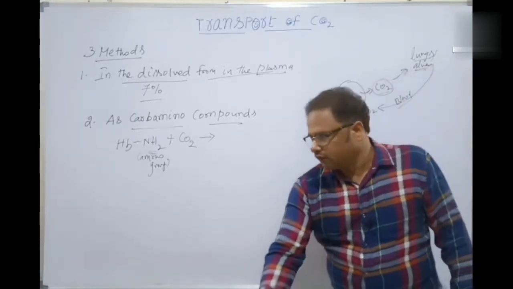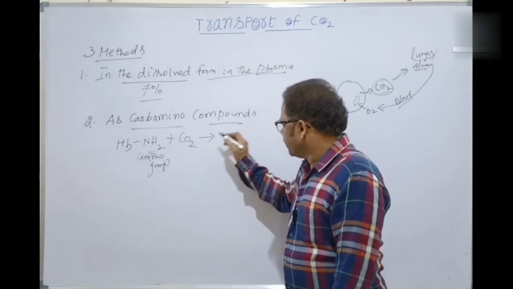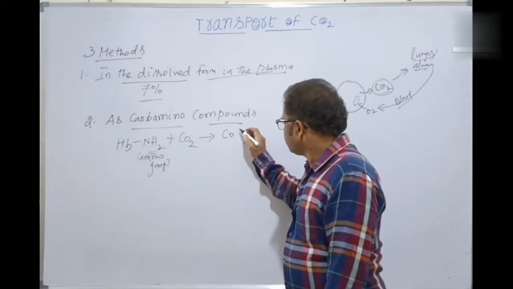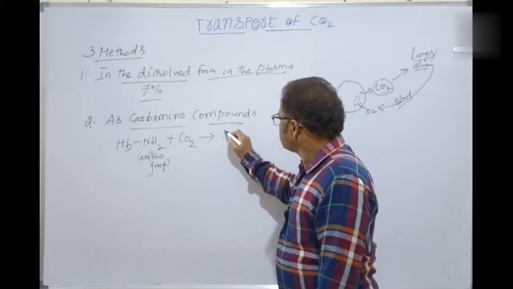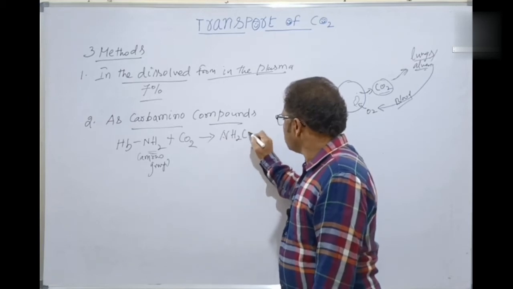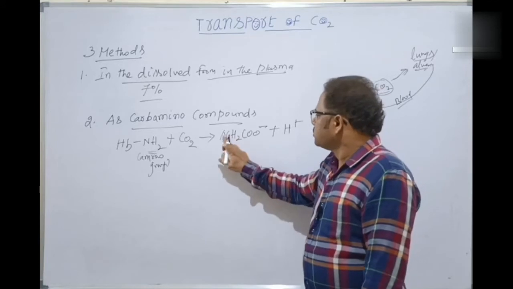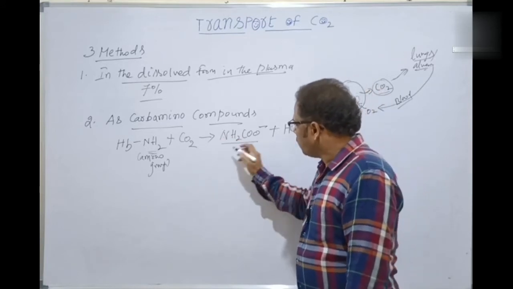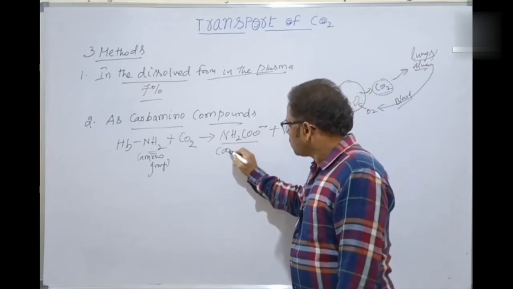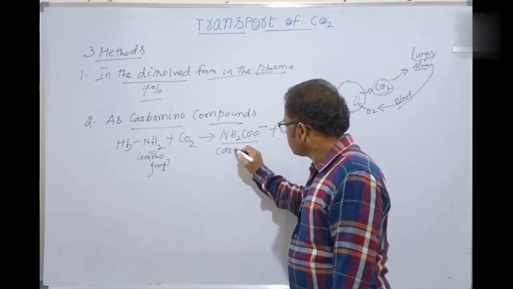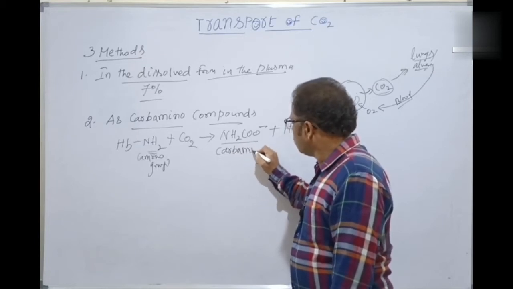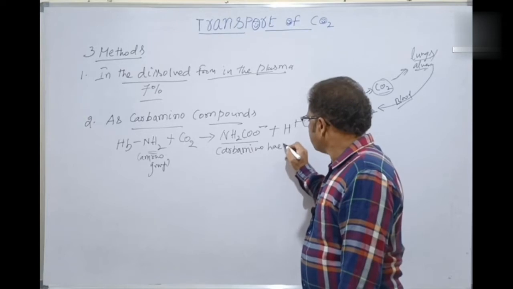In order to form the carbamino compounds, that is HbNHCOO minus plus H plus. See here, this is a carbamino compound, also called carbamino hemoglobin.